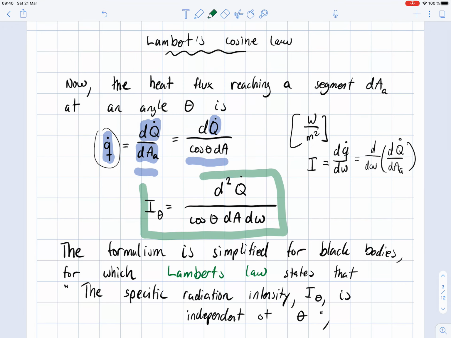I equals then this second derivative that we get here. We have d and d, but below we have then dA dw. So it's a second order derivative with respect to both the solid angle and the size of the area from which the radiation is emitted. As I said, this in general is a function of the angle itself.